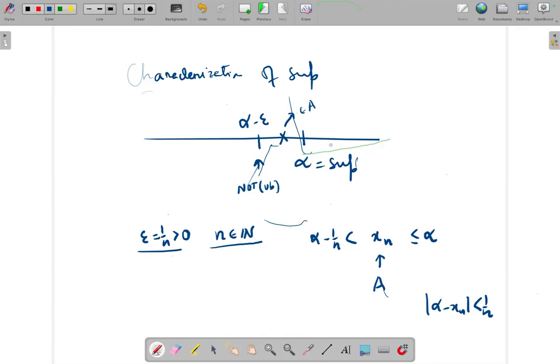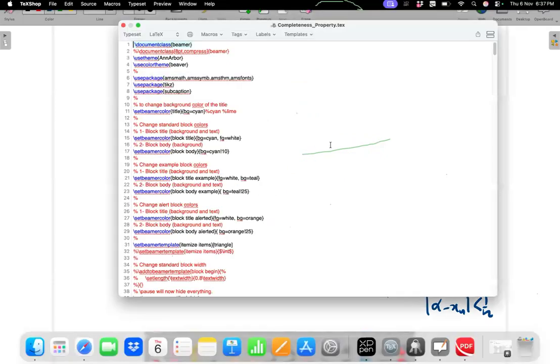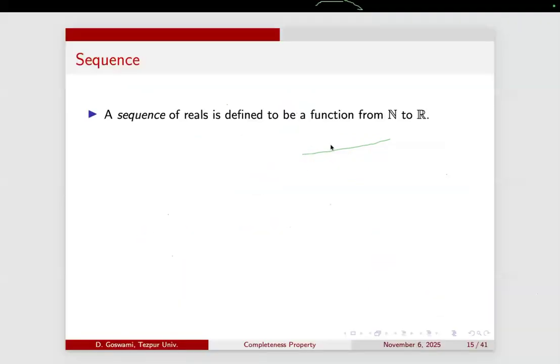That's something to ponder about. But anyway, we have seen that along with sets, we can talk about sequences also. So that's why I'm coming to sequences and trying to see whether there is some sequential property or completeness property in terms of sequences.